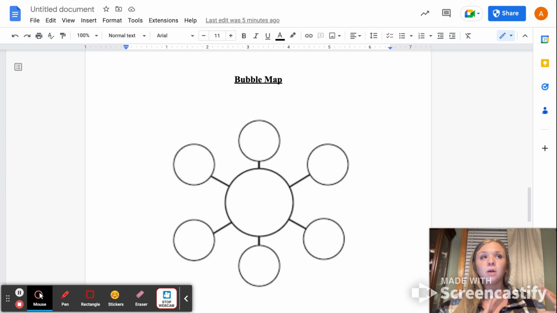If you have to learn the muscles of the human body, you could just list off your muscles so you can see which cells are with the human body, which muscles are with the human body, so you do not get confused and you're able to have a visual image in front of you of which is which. And I do feel like a bubble map helps us add and list more details about a specific topic or object.